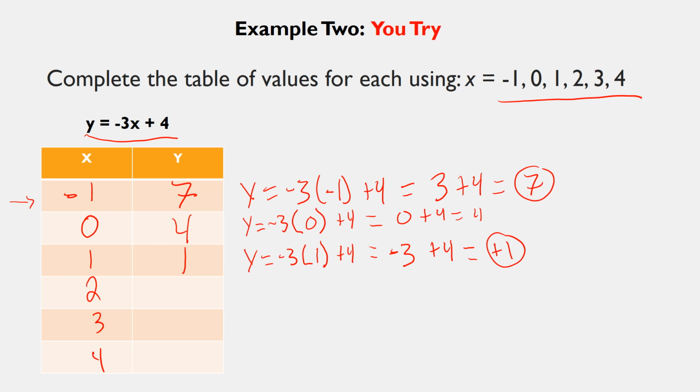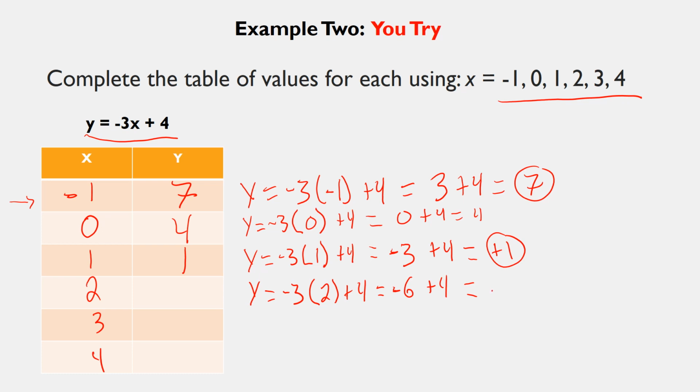And you can kind of start to see the pattern emerge, but just in case, we're going to try this again. Y equals -3 multiplied by x, which we can see is 2, plus 4 equals, well, -3 times 2 is -6 plus 4. So -6 plus 4, we know we have 6 negatives and 4 positives.